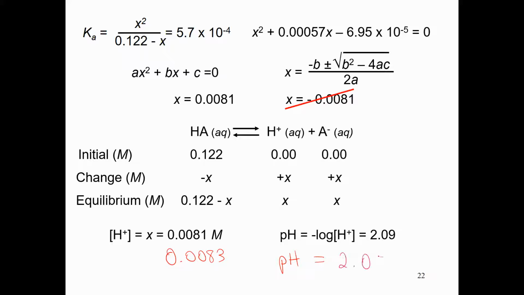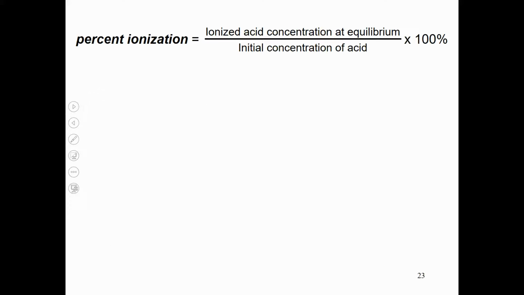So if you didn't do the quadratic equation, you're still going to get an answer almost exactly the same. But the assumption was made that because it's over 5%, we would do the quadratic equation. Most of the time you're just going to end up not needing to, if it's that close.